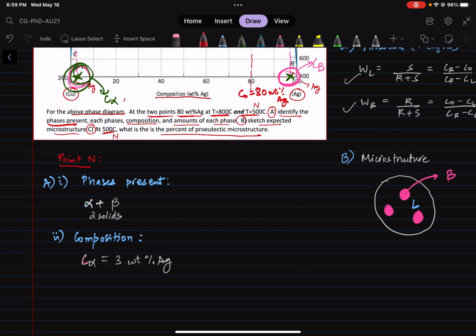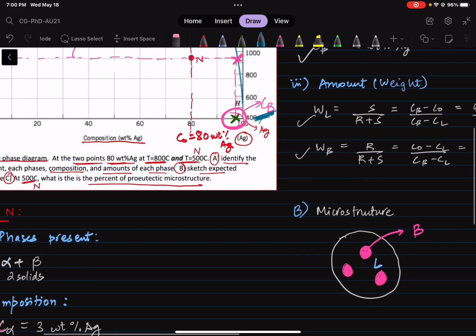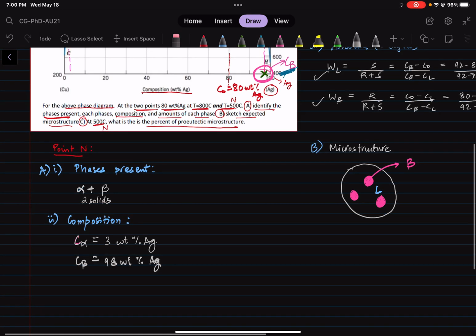And just to be clear, I'm writing this point C alpha, so it's somewhere over here. If I clean this out, you can see how it's approximately 2 to 3 weight% silver. And then for C beta, on this right hand side, you can see how it's about 98 weight% silver.